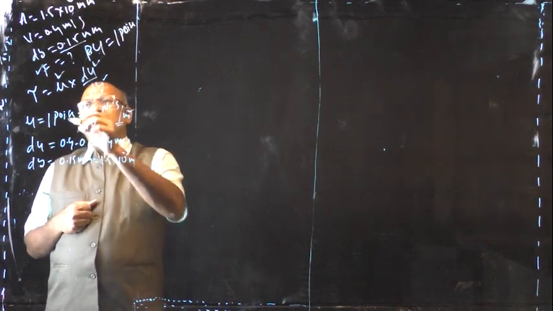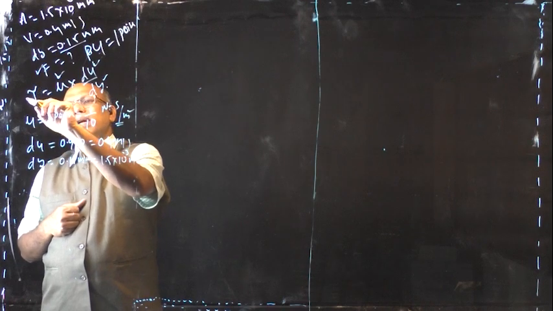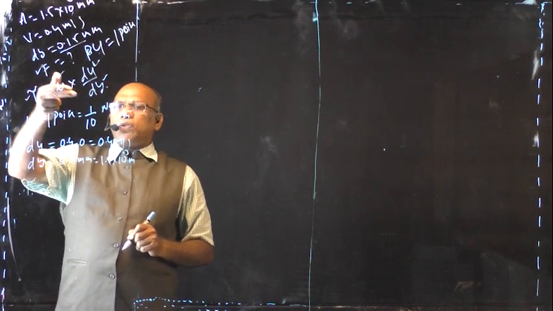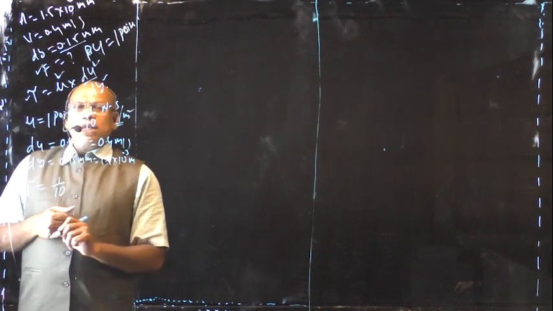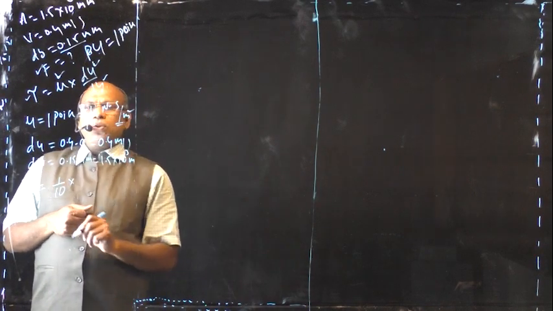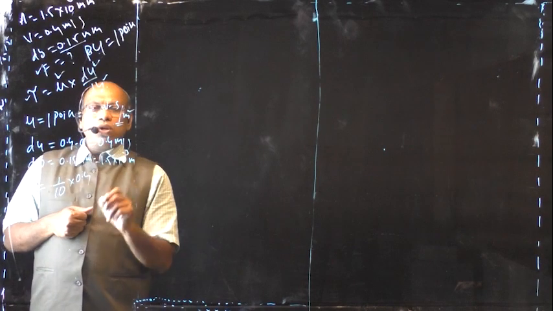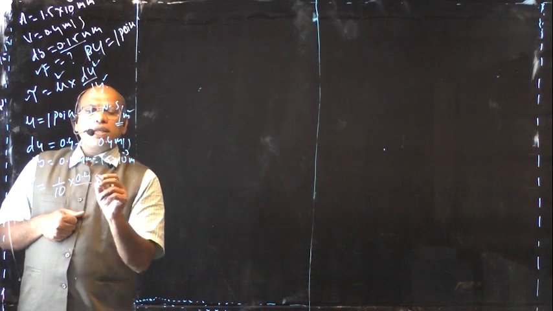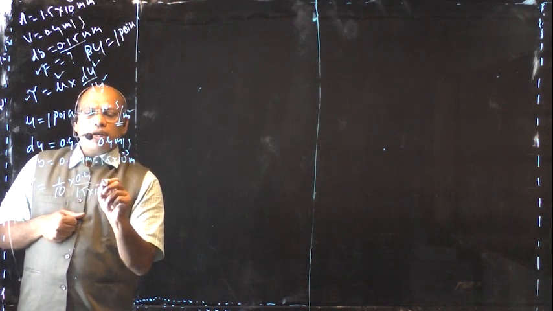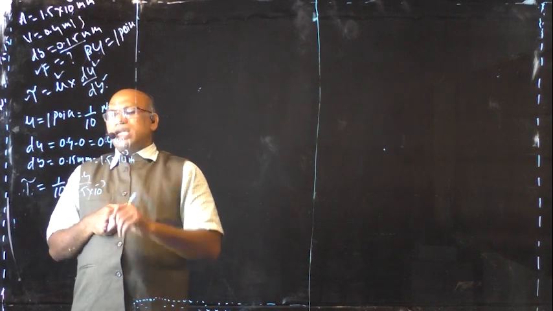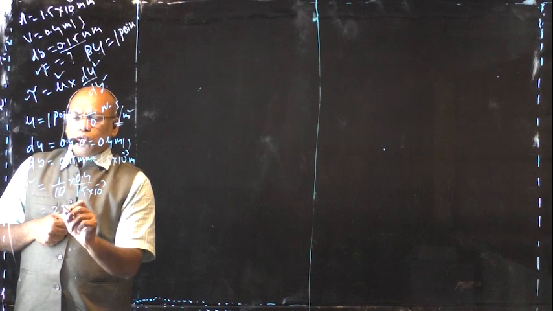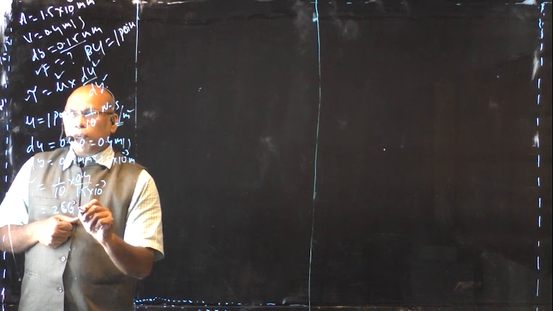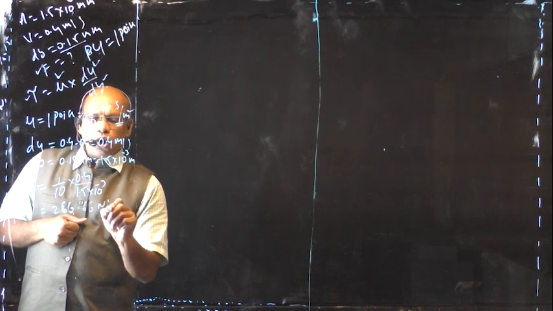Now all values are known to us. Now we are going to determine the shear stress. Then tau is equal to the viscosity of the fluid, 1 by 10 Newton second per meter square, times the change in velocity, 0.4 meter per second, divided by the distance between plates, 1.5 × 10^-3. Therefore the shear stress, from this equation, is equal to 266.66 Newton per meter square.